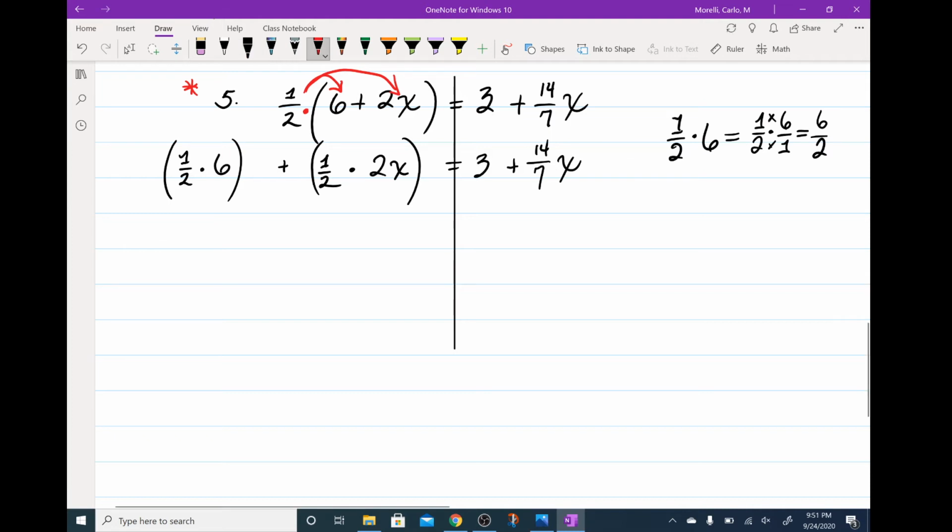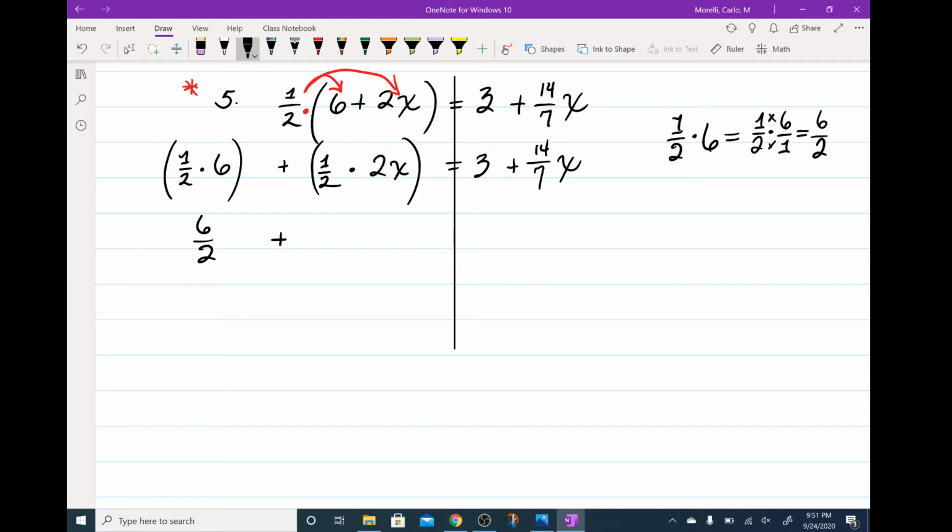So we multiply the 6 times the 1. Don't multiply that 6 times the 2 in the denominator. So 1/2 times 6 is 1 times 6 over 2. So 6 over 2. And we'll reduce that fraction in a second.